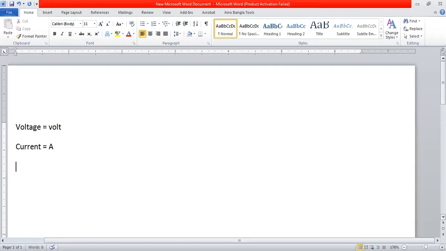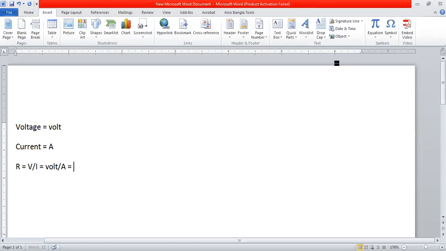So if we want to calculate the value of resistance, then the equation is V divided by I. So the unit is volt divided by ampere, that is ohm. So every quantity has a different unit.